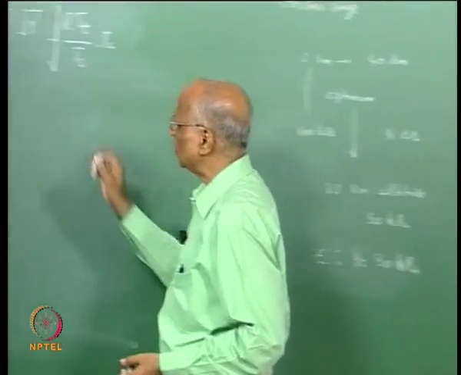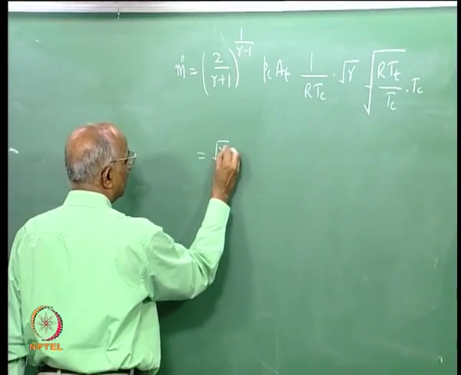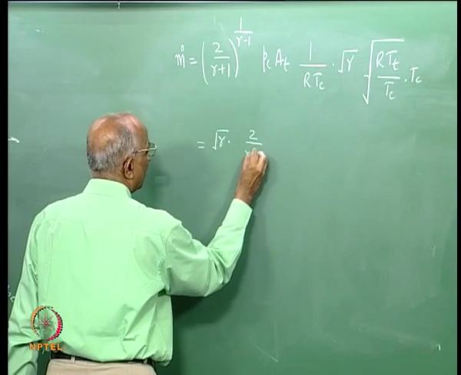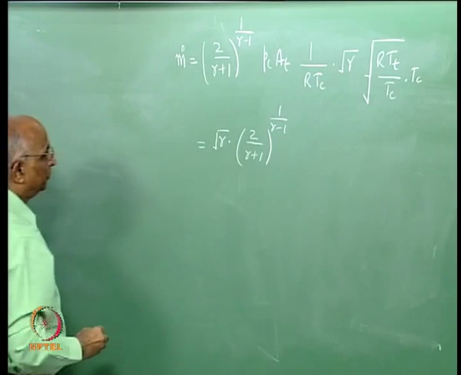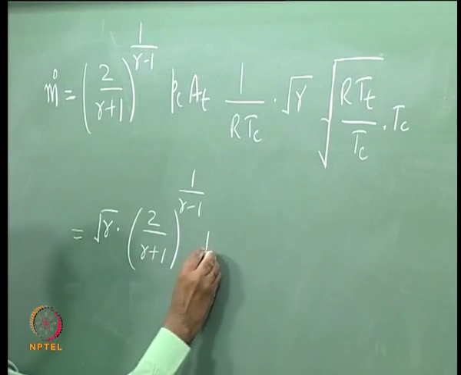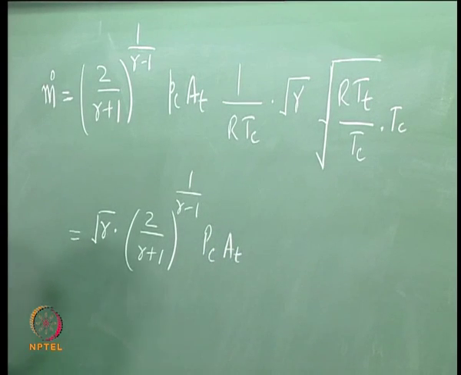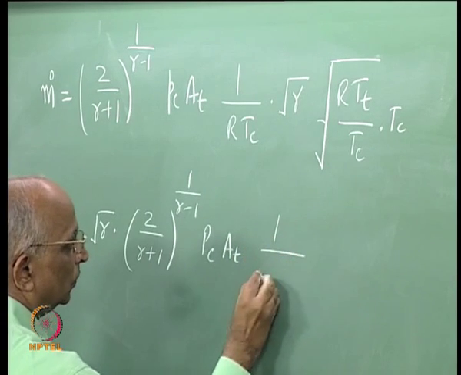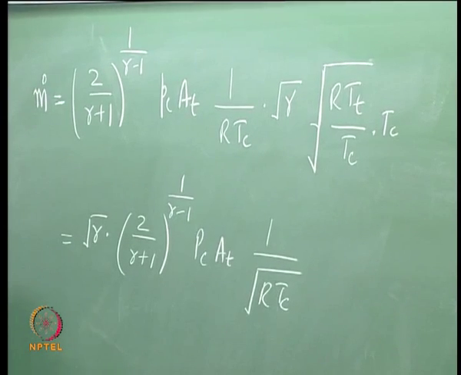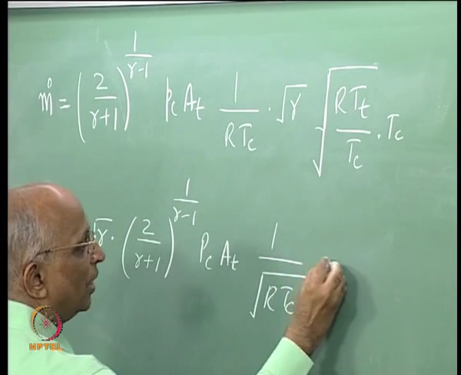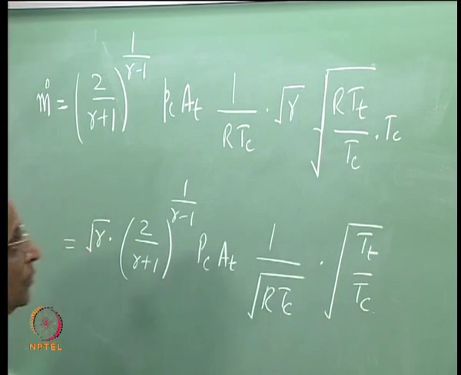And now if I were to use this, what is it I get? I get under root gamma into 2 over gamma plus 1 to the power 1 over gamma minus 1, into Pc At, into 1 over under root R Tc, into the value of under root Tt by Tc. Have I missed out anything?